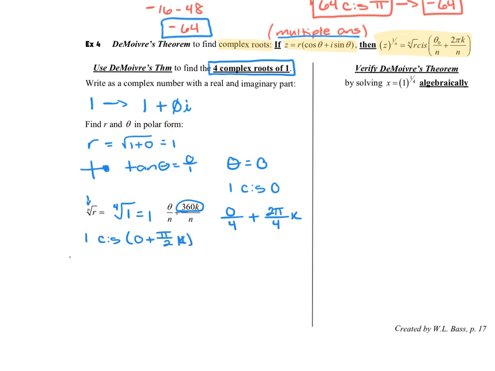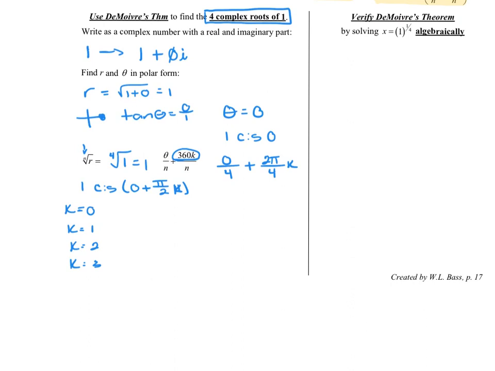Now, when I go to expand that, just like we've done before, I'm going to have a k equals 0, a k equals 1, a k equals 2, and a k equals 3. I'm going to have to do as many k's to get me up to 4 roots. So that's going to get me to a 1 cis 0, a 1 cis pi over 2, a 1 cis pi, and a 1 cis 3 pi over 2.